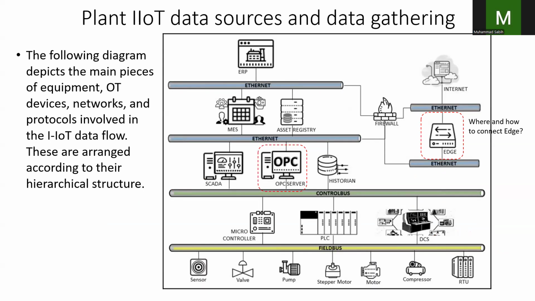So here is a diagram. This diagram illustrates the hierarchical structure of the data sources in an industrial plant, highlighting where data is generated and how it flows through the network.